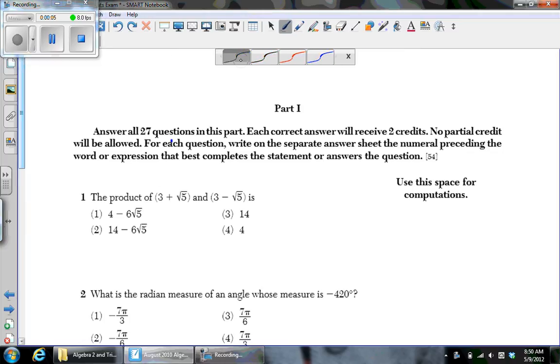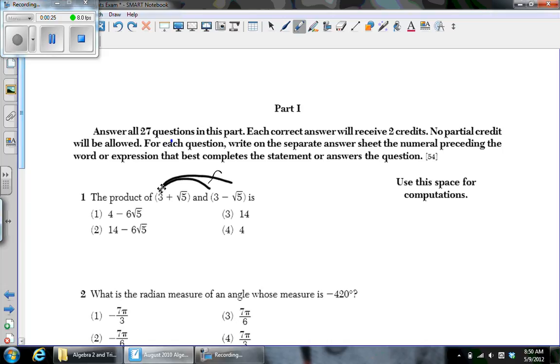Okay, so this is the August 2010 Regents exam for Algebra 2 Trig. We're going to start with question number 1. This is what is the product, and we FOIL.